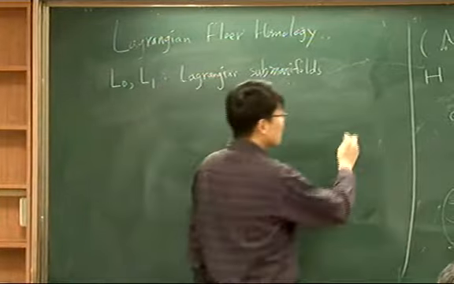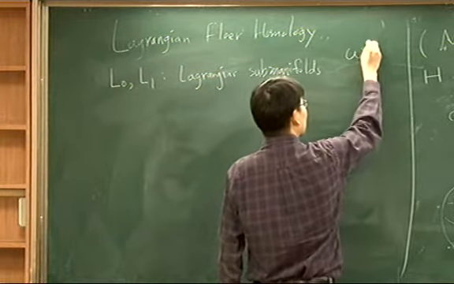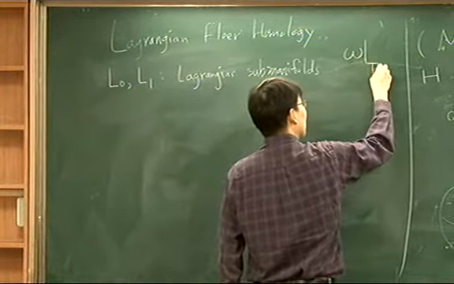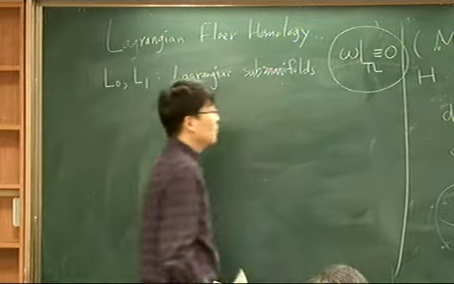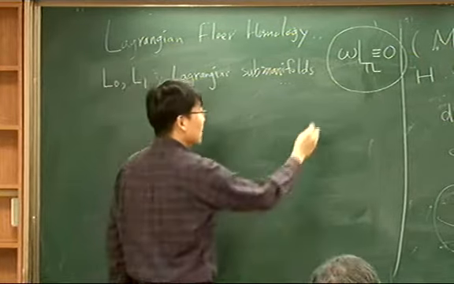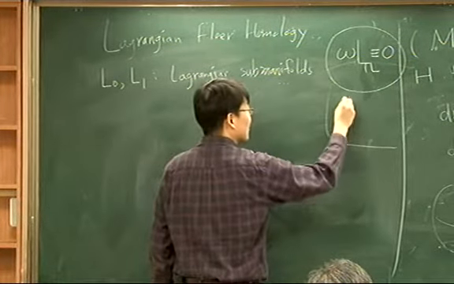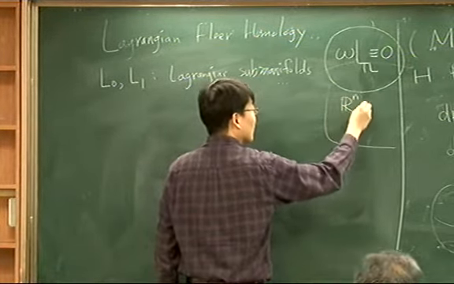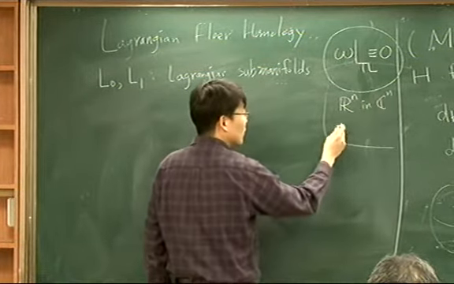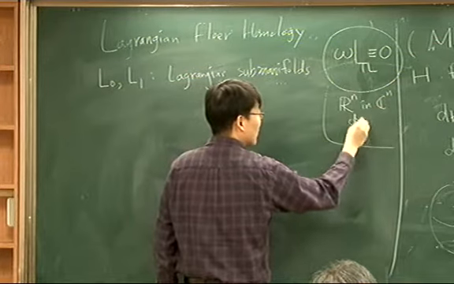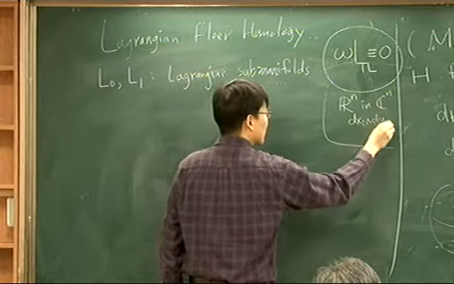So Lagrangian manifolds are the manifolds where the symplectic form vanishes. The main example is something like Rn in Cn, where the symplectic form is the sum of dxi wedge dyi.